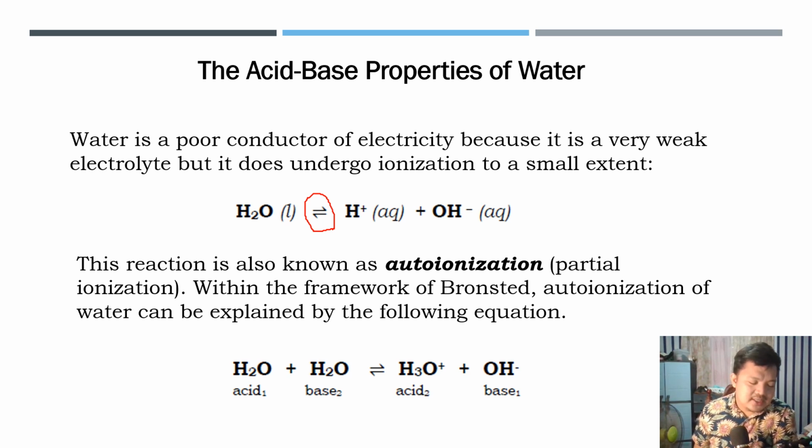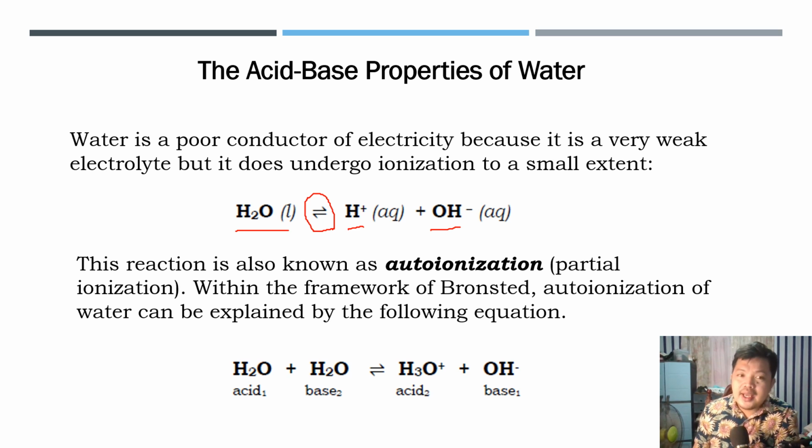So it's the equilibrium. Meaning to say, yung water na ito may form H plus and OH negative ions and then pwede siyang bumalik din agad-agad. Depende sa reaction rate.